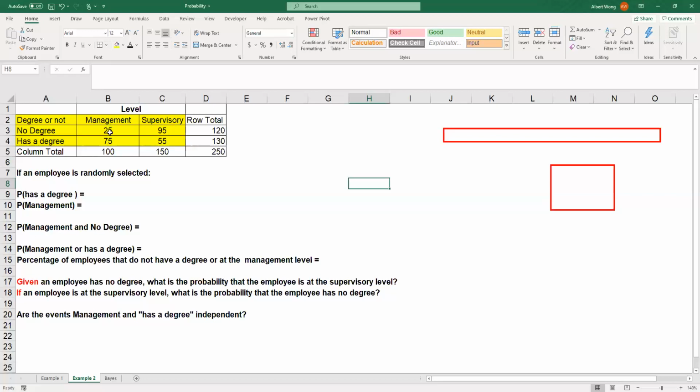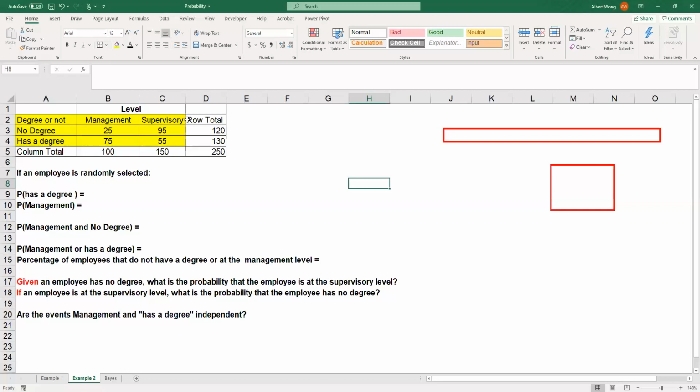So for example, in this table, we have 25 employees who are at management level and have no degrees. On the other hand, there are 75 employees who are in the management level and have a degree. By the same token, we have 95 employees who are at the supervisory level with no degrees, and then 55 employees who are in the supervisory level and have a degree.